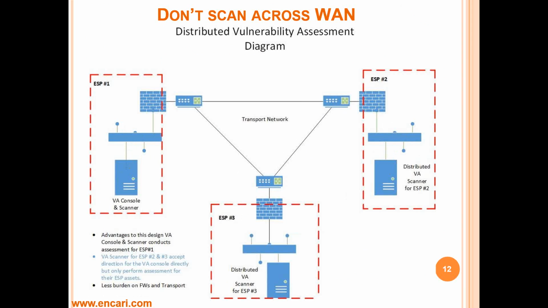Correct. So it'll do all the heavy lifting and scan around all the devices inside ESP2 without making it go heavy over the network. And then it'll just report its results back to the console. Right. And sending the results is no big deal compared to scanning a bunch of stuff over the firewalls and the WAN and all of that.